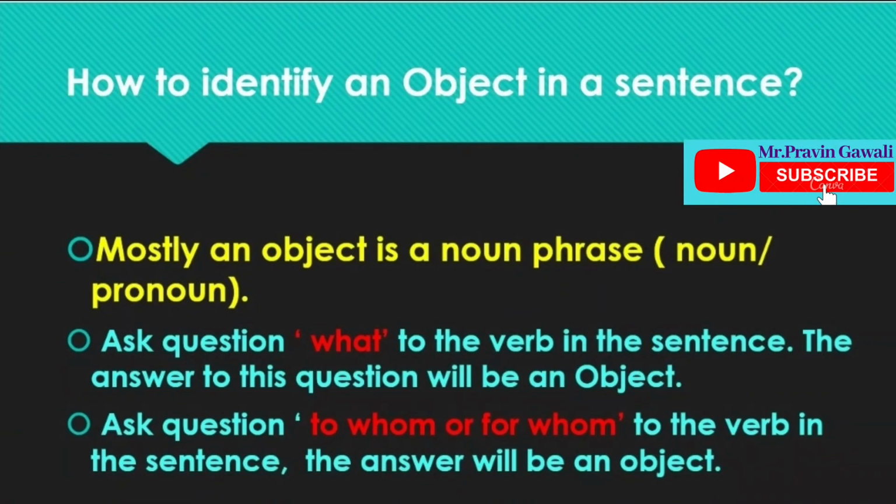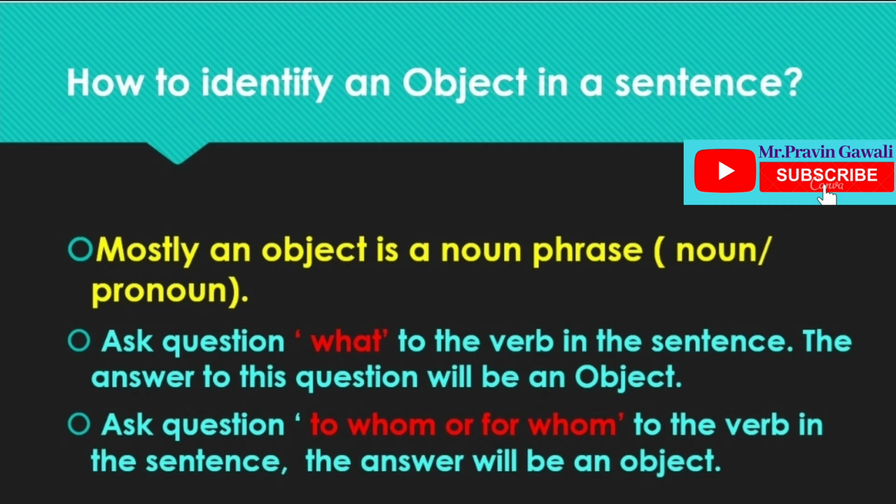Students, how to identify an object in a sentence? If you want to identify an object from a sentence, what kind of trick can we use? Let us see. Most of the time an object is a noun phrase, that is noun or pronoun. So here in a sentence, most of the time the object may be a noun, otherwise a pronoun.